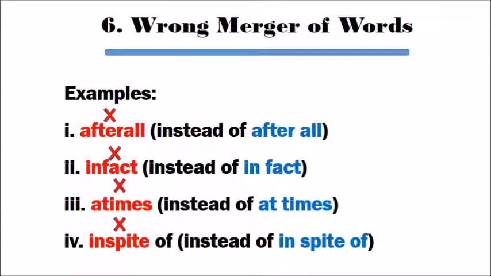Then the last one, "in spite of". "In spite" is commonly written as one word, probably because people estimate it to be the same thing as "despite". Well, we should actually have three separate words, "in spite of". So I have "in", space, "spite", space, then "of" as the third word.